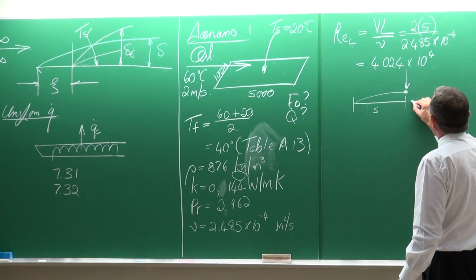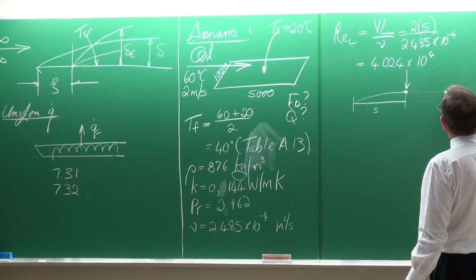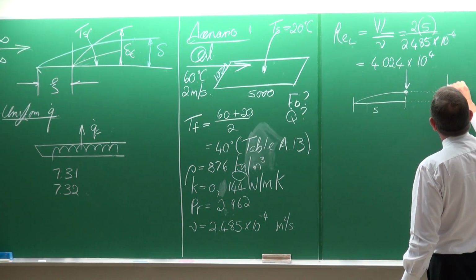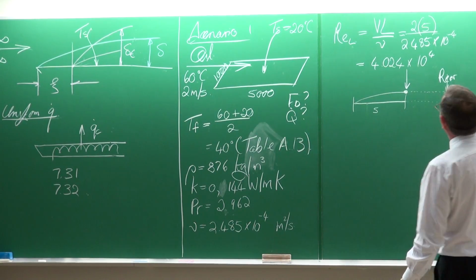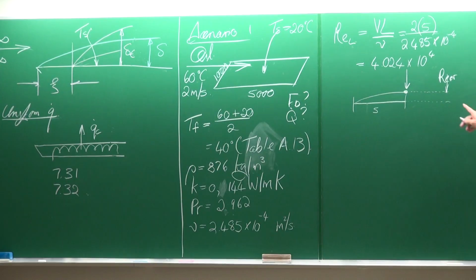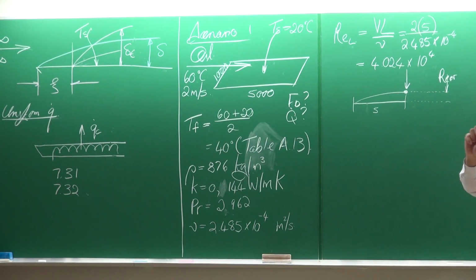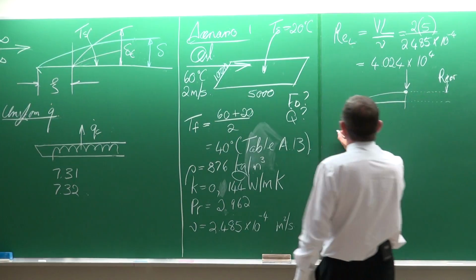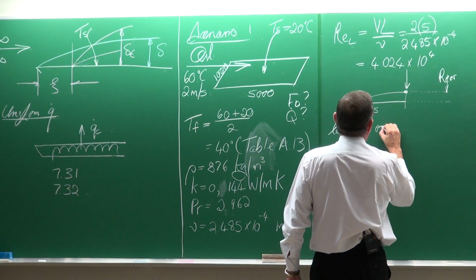If the plate was longer, there would be a certain length where the Reynolds number would be equal to 500,000 and where the flow would change from laminar to turbulent. So in this case, the flow over the total length of the plate is laminar.